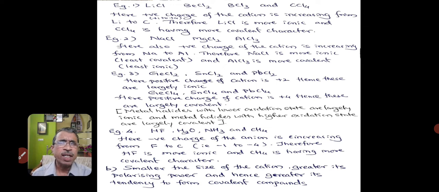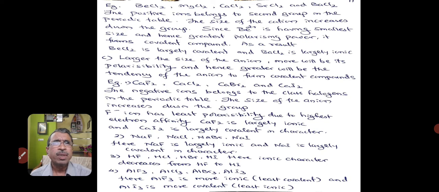Smaller the size of the cation, greater its polarizing power and hence greater its tendency to form covalent compounds. Let us take some examples. Beryllium chloride, magnesium chloride, calcium chloride, strontium chloride and barium chloride. The positive ions belong to the second group in the periodic table.